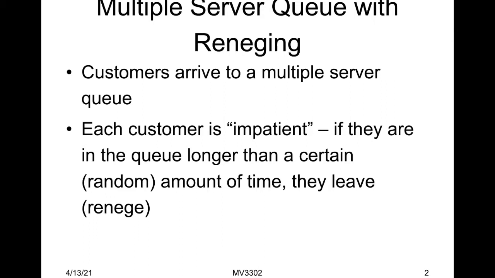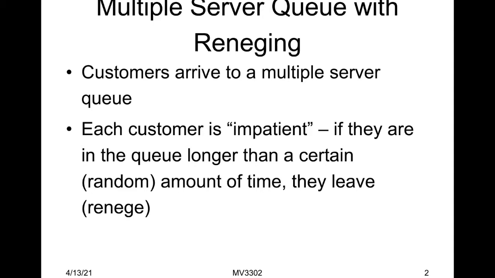And so the amount of time that each person is willing to wait is presumably some parameter that they have. And then they decide to leave. In queuing terminology, that's called reneging. Reneging is kind of when you Welsh on a deal. The idea here is that if I join a queue with the idea of getting service, then I've reneged on the deal that I was going to get service. So again, it's called reneging.